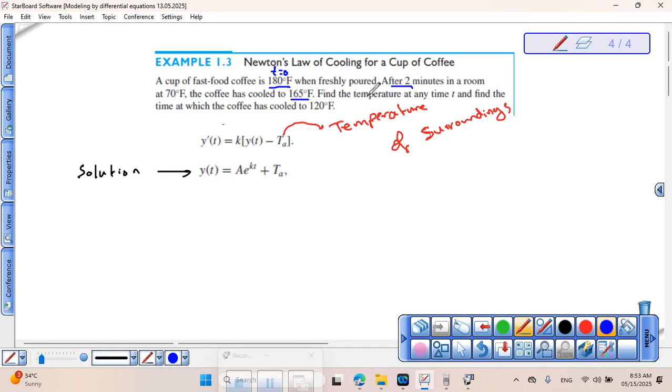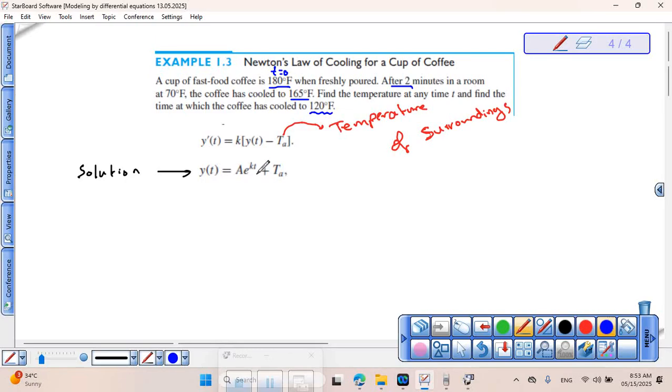The question here: find the temperature at any time, find the general solution, and find the time at which the coffee has cooled to 120 Fahrenheit. Two questions.